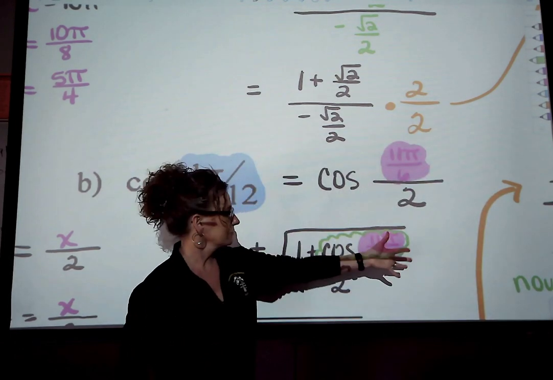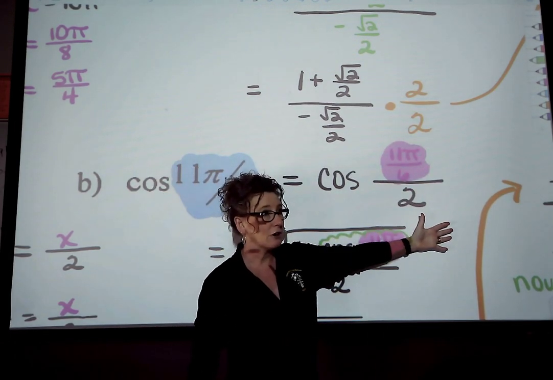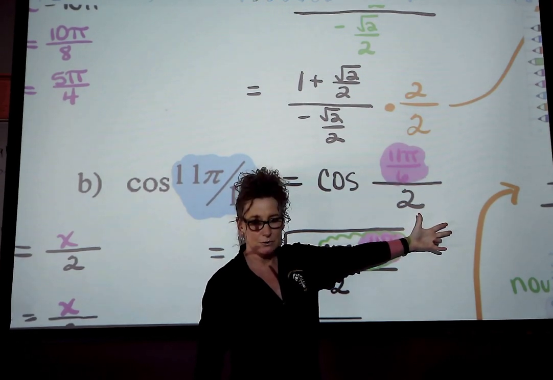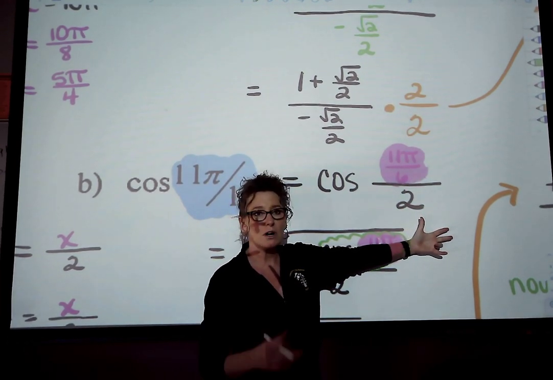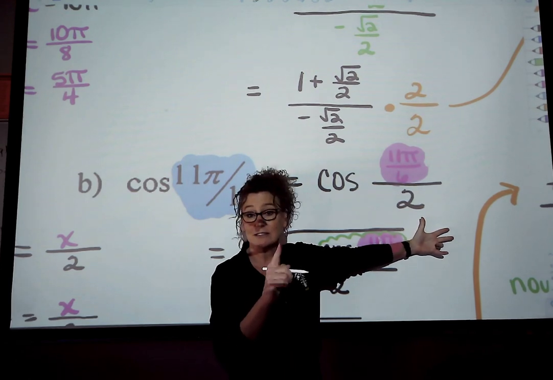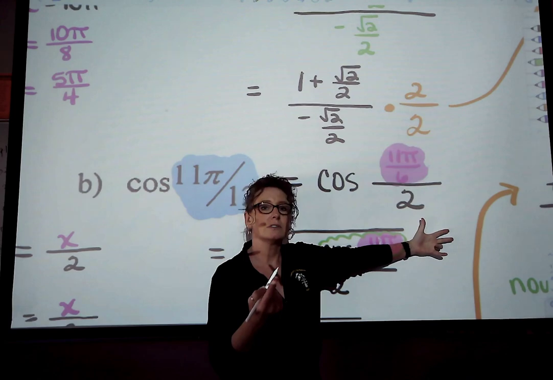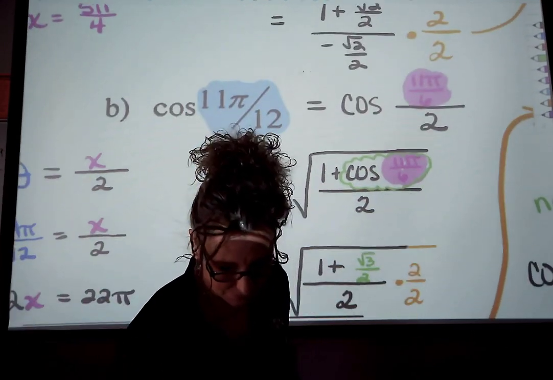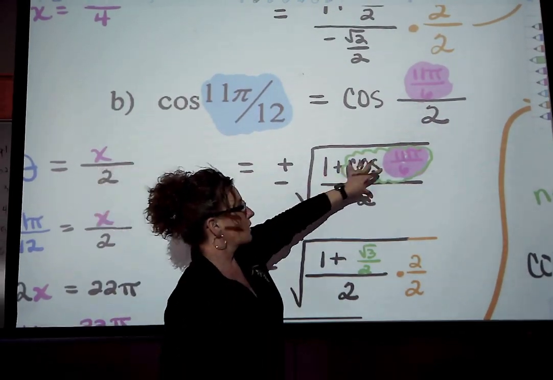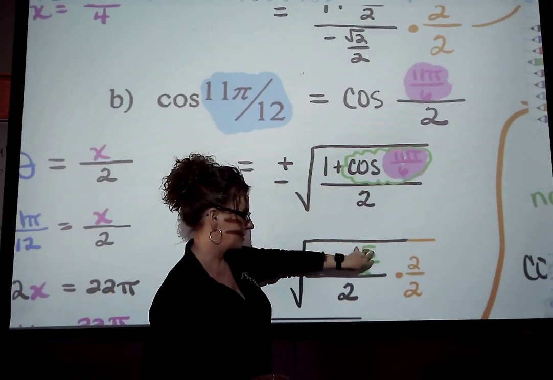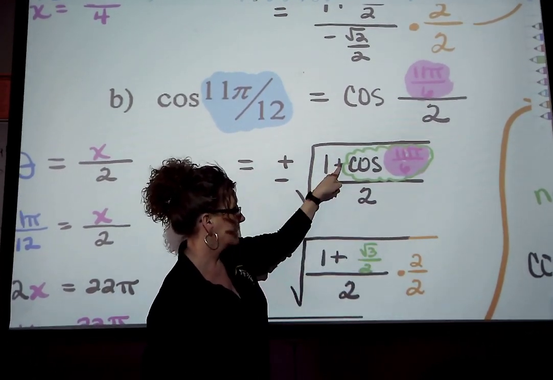Ready? 11 pi over 6. Reference angle is pi over 6. Fraction, radical 3 over 2. Quadrant 4, ASTC, ooh, positive. Positive radical 3 over 2, sub it in. So right here, this green cloud became my cosine fraction, and it was positive, so that stayed a plus.